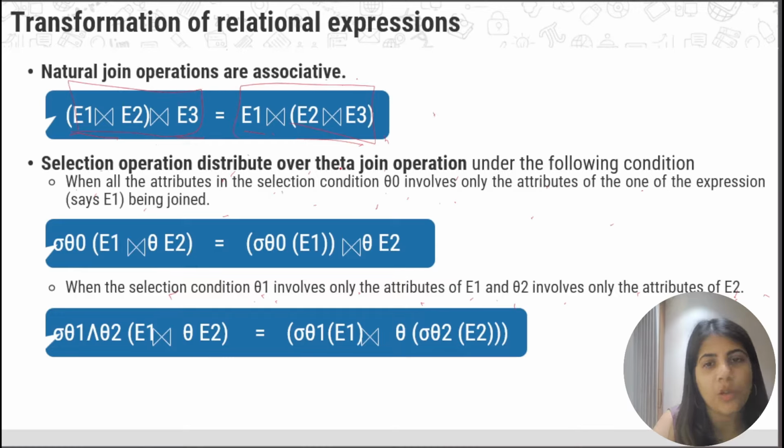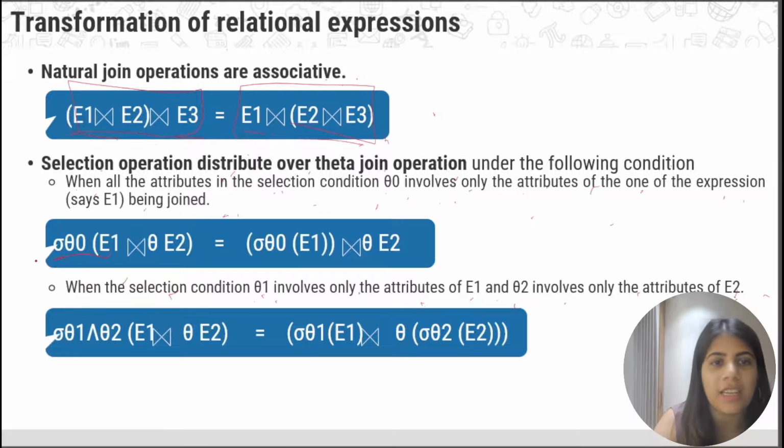Selection operation distributes over a theta join operation under the following condition: when all the attributes in the selection condition theta 0 involve only the attributes of one of the expressions, say E1, being joined.